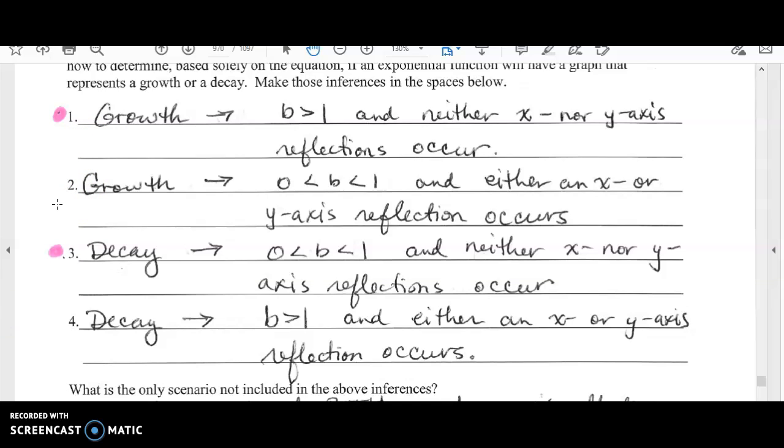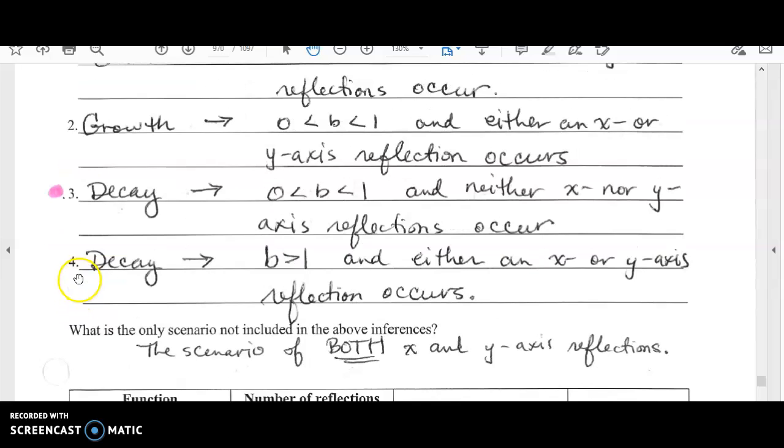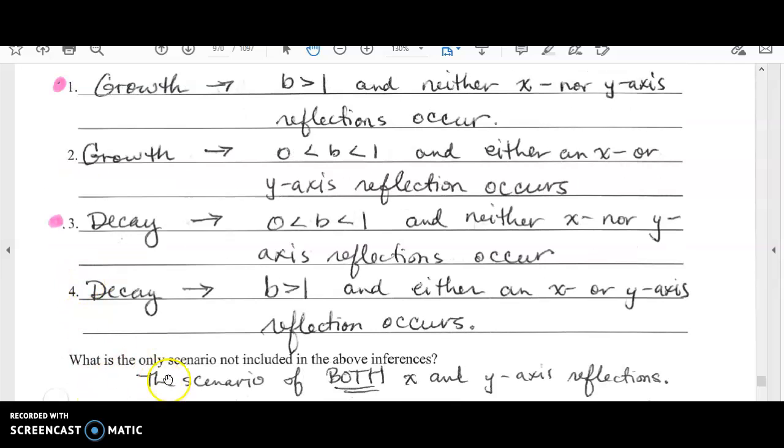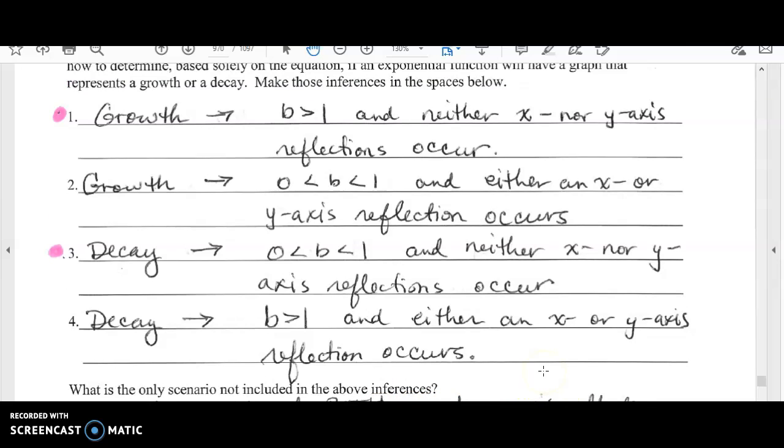This is where we're going to go for section 3. We have 4 scenarios: 2 for growth, 2 on decay, and as I mentioned before, we need to consider if we have 2 reflections, as I have warned you about. So I'm ending the video here, and I'll see you in section 3.